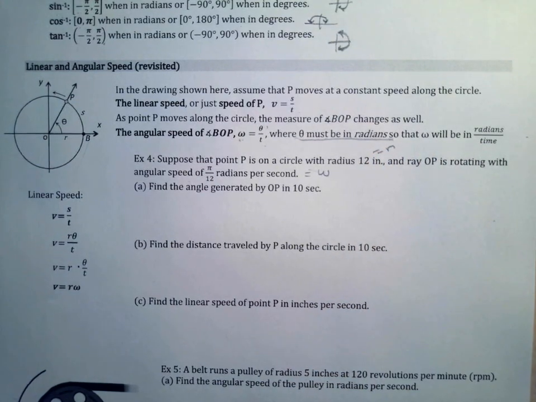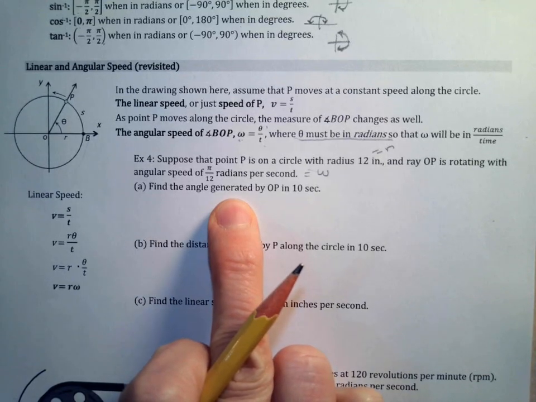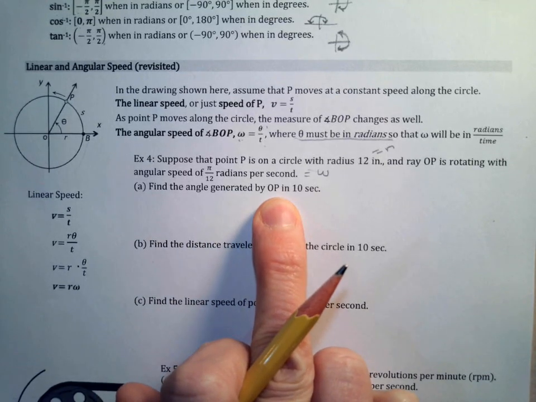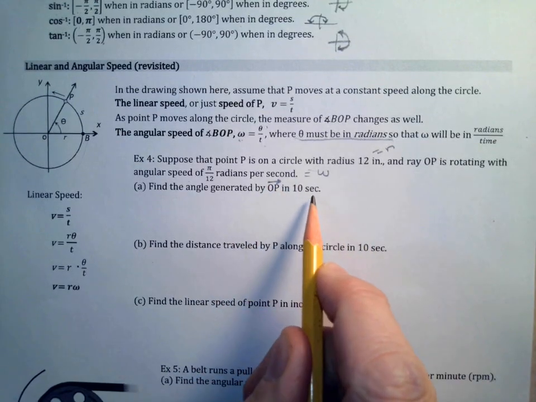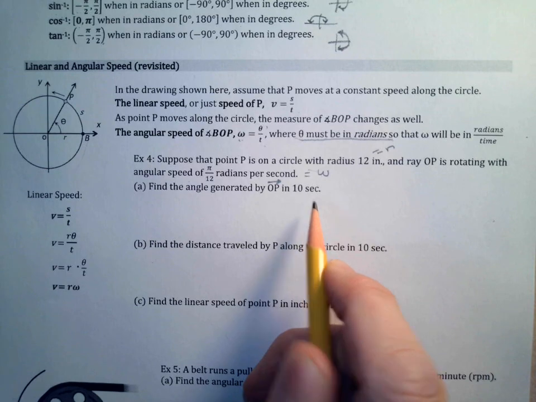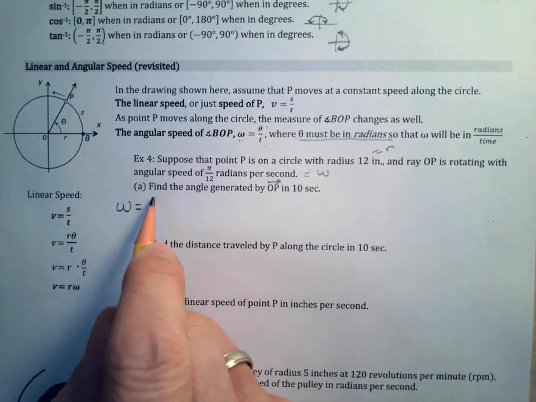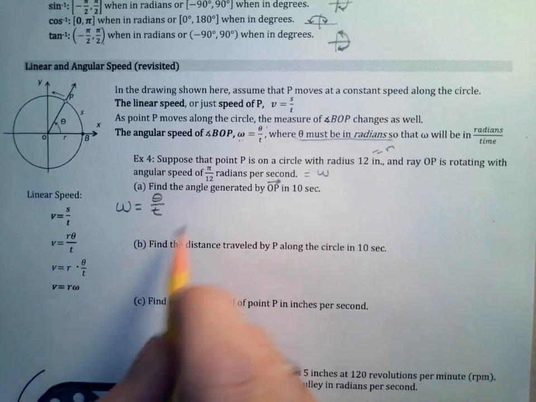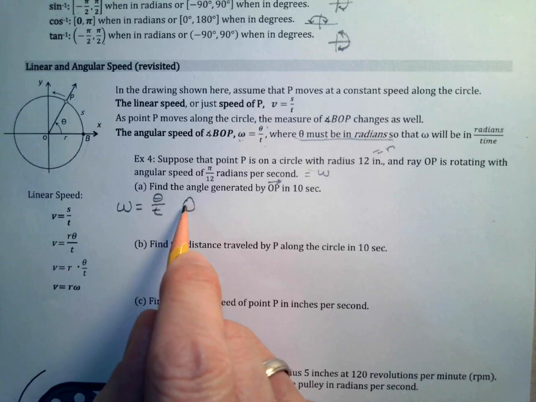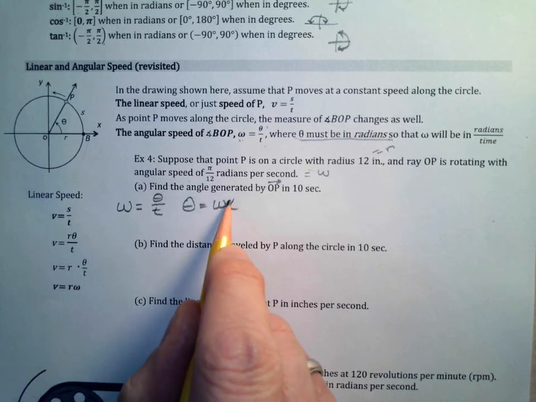So they want us to find the angle generated by that ray OP in 10 seconds. So if we think about omega, well, we know omega is theta over t. We could rewrite that: theta equals omega times t.